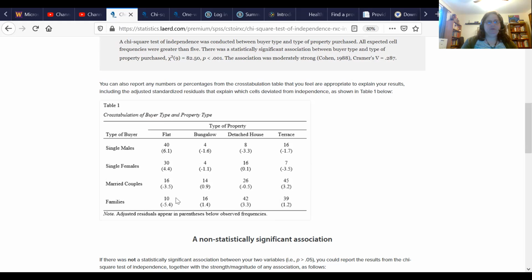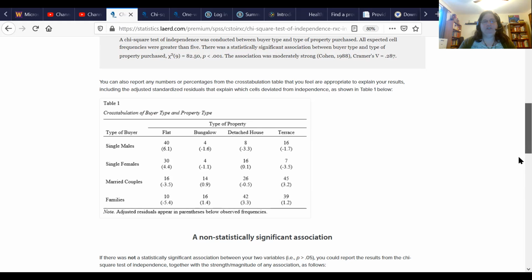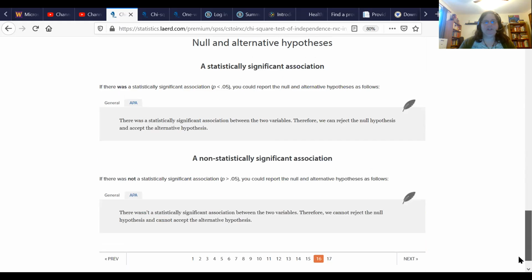Families purchasing a flat was lower than expected. You get the idea? I wouldn't talk about these because these are all non-significant. This one's significant, so you could talk about that. None of this one's significant, and this one's significant, and this one's significant. That's kind of a lot for a 4x4, but again, I think if you can knock it out in a sentence or two, it's worth it. If you really feel like it's too much, you can do the highlighting thing. Okay.